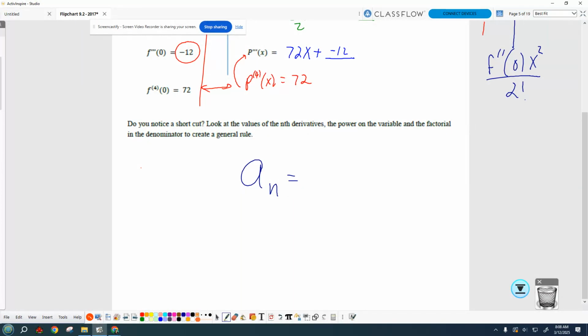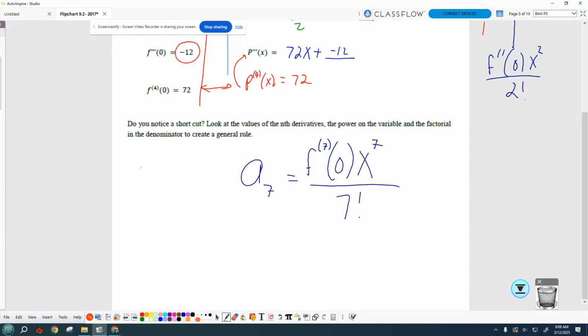What's the exponent on the x value gonna be? x to the 7th. What factorial is gonna be underneath? 7 factorial. And what derivative do I need? The 7th derivative, evaluated at 0.